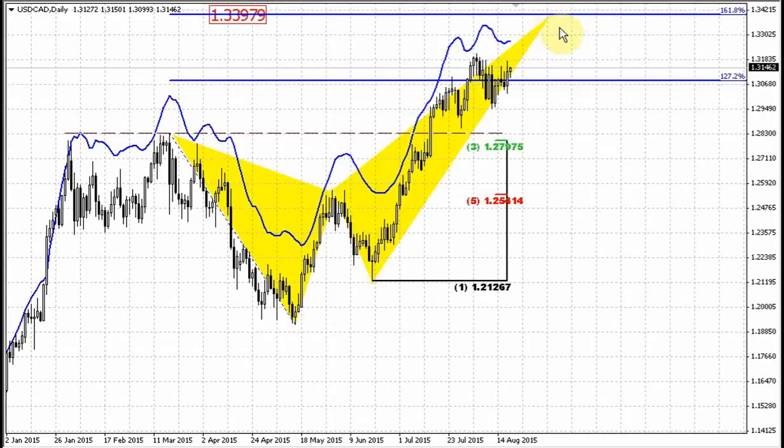That's a very good sign that right at the completion point of the monthly ABCD pattern stands a daily reversal pattern. So the completion point of the big ABCD pattern is confirmed by the reversal pattern on the daily chart. It means that the market really could turn to some significant retracement down. That will be another tune.